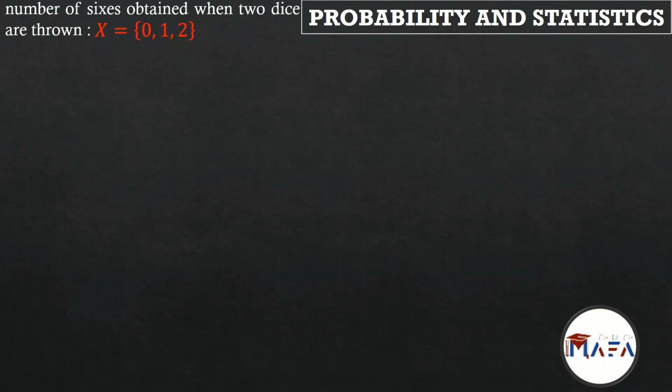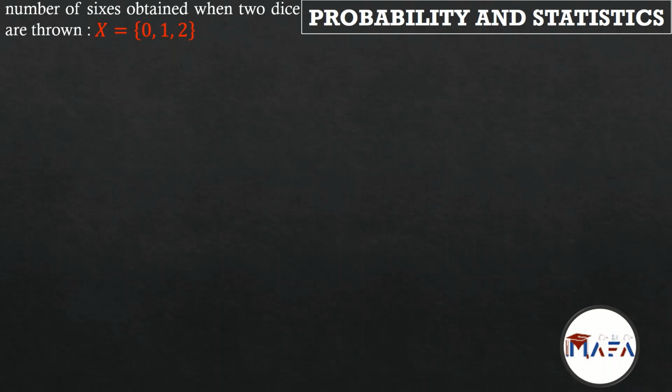Capital X represents our random variable, which we are supposed to show is actually a random variable. Capital X represents the number of 6s that we are going to get when we throw the two dice.